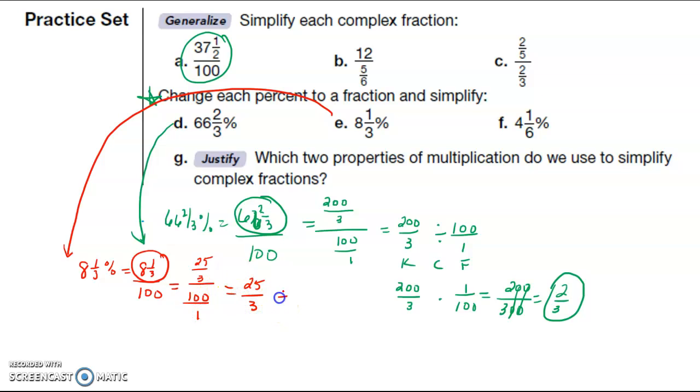Keep change flip. I get 25 over 300, and I can divide that by 25, so that's 1 over 12.